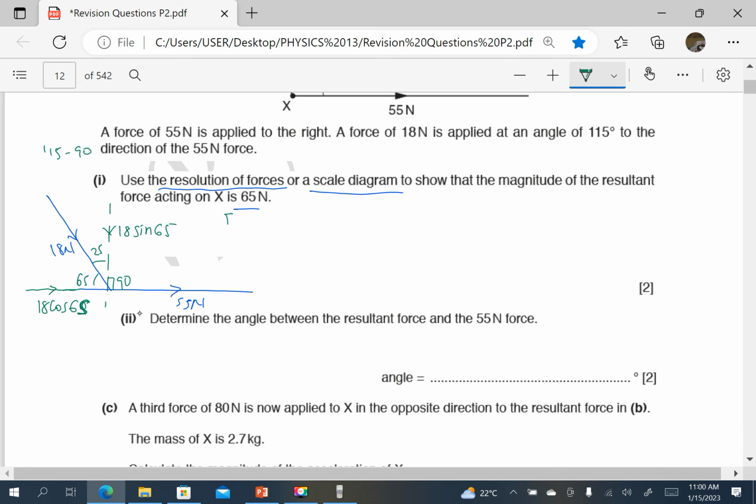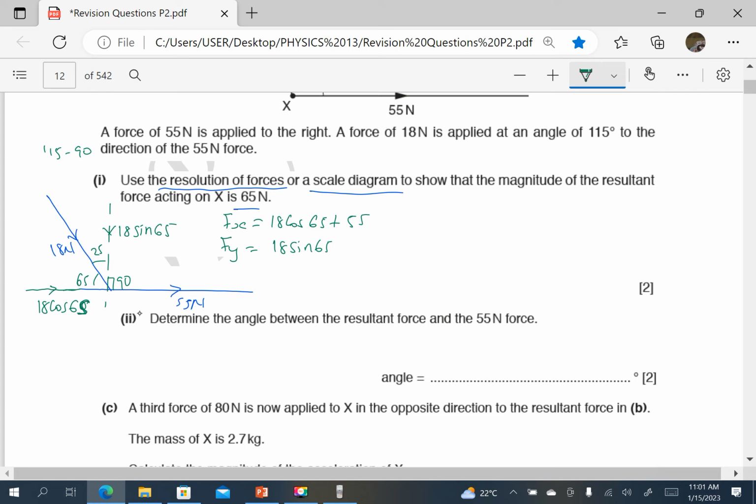So F in the horizontal is simply going to be 18 cos 65 plus 55. And F in the vertical is simply 18 sine 65. Since they are at 90 degrees, in the x and in the vertical, we just find the resultant from the square root.